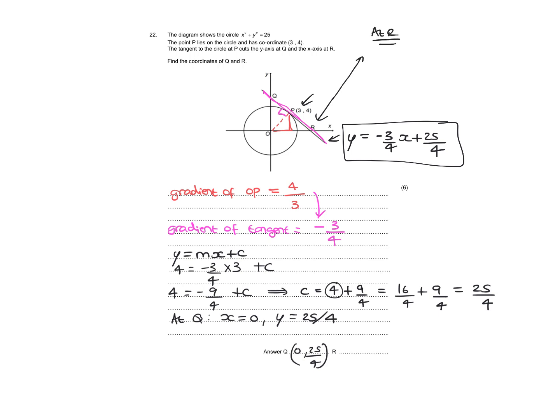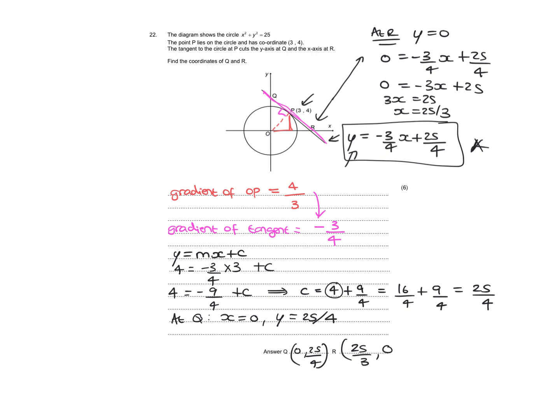So at R, we know the y coordinate is 0. So 0 equals minus 3/4 of x plus 25 over 4, subbing y equals 0 into this equation. So if I multiply across by 4, 0 equals minus 3x plus 25, 3x equals 25, x equals 25 over 3. So at point R, the x-coordinate is 25 over 3, the y-coordinate is 0.